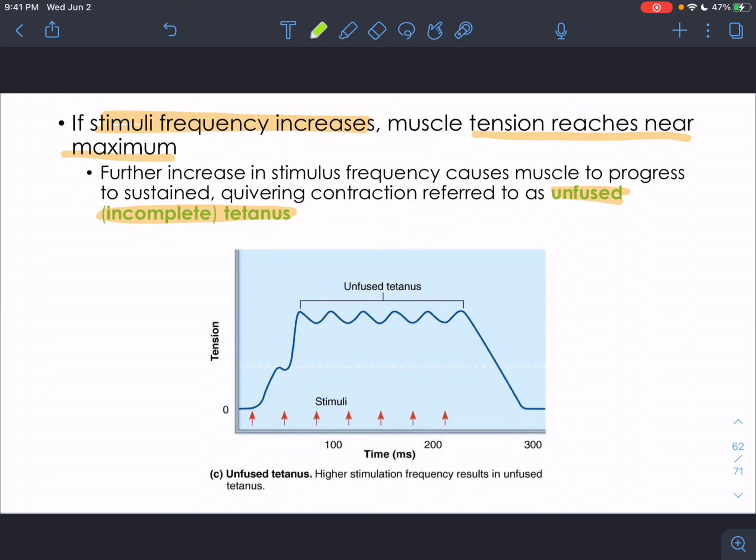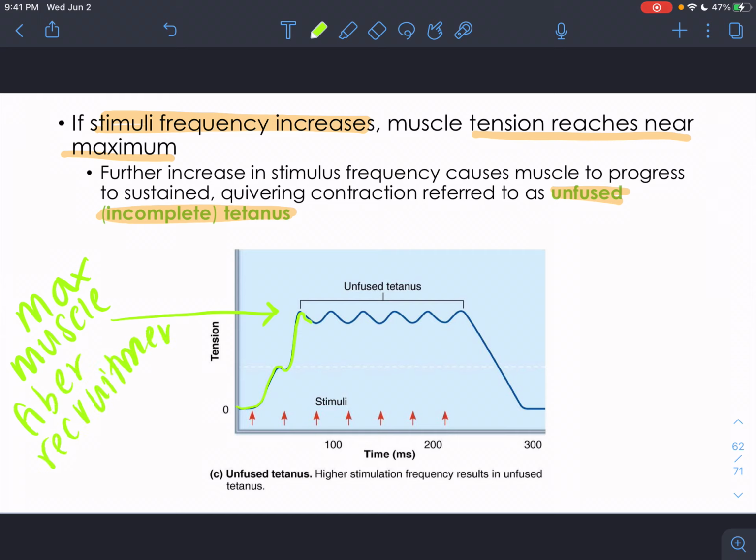Okay, so we have the muscle contracting, a little bit of relaxation, contracting, a little bit of relaxation, but eventually we reach this maximum muscle fiber recruitment, which means all the muscles in that area of our body are contracting. So even though we stimulate it again, we're not going to increase the tension at this point because this is the max tension that we can get.